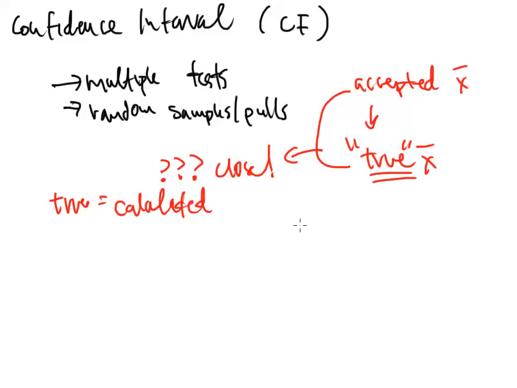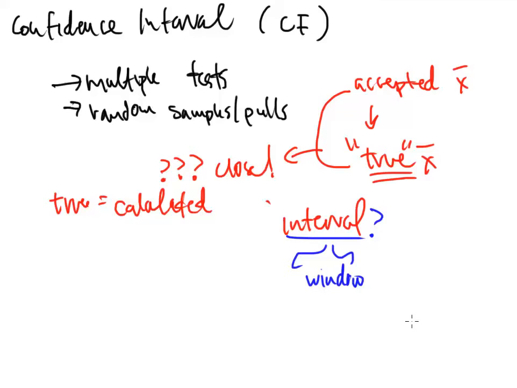Confidence interval. Let's look at this word interval. Interval means what? Yeah, it means a window. So what confidence interval will do is it will take the average and it will assign a plus or minus after it.